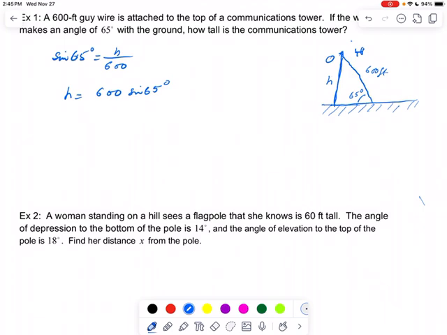If you are in the exam, you will say the height of the tower is so many feet. Okay, so that's how you will finish your answer.